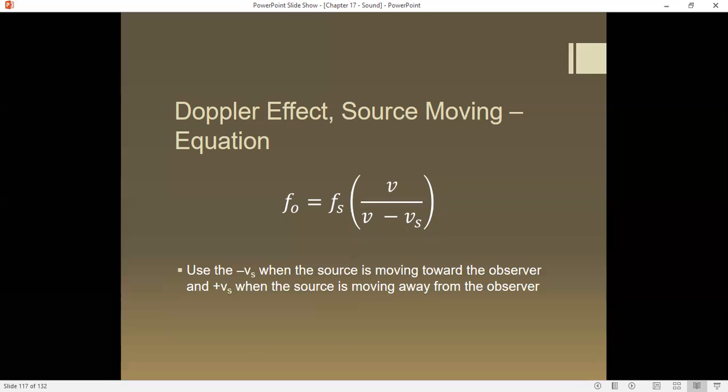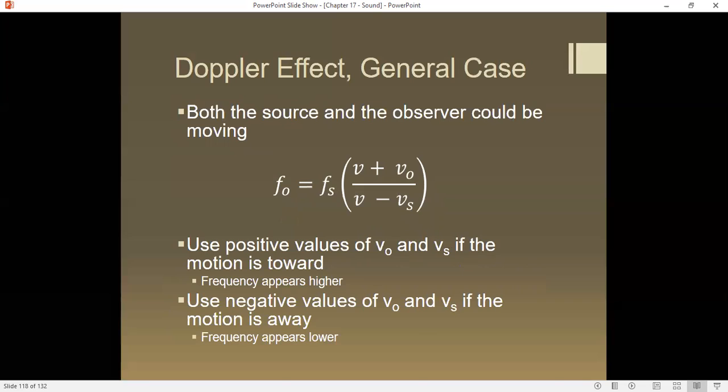Okay. We can combine both effects this way. The frequency that the observer hears depends on the speed of sound, depends on how fast the observer is moving relative to the source, and how fast the source is moving relative to the observer.